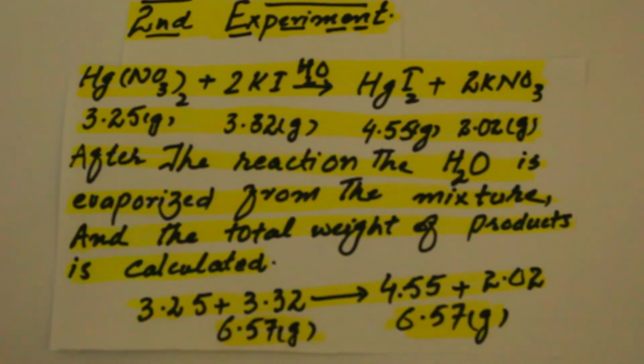So before the reaction, the total mass of the reactants is equal to 6.57 grams, while after the reaction we get 4.55 grams of mercuric iodide and 2.02 grams of potassium nitrate. When we add these two values, we get 6.56 grams, which is essentially equal to the 6.57 grams of the reactants. So this experiment also shows the validity of the law of mass conservation.